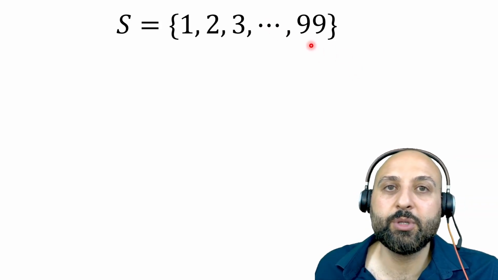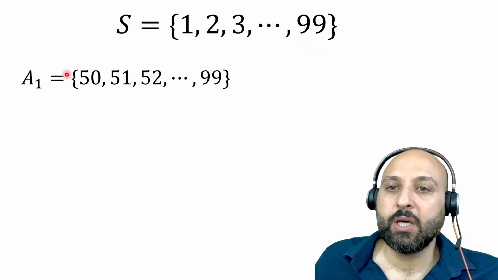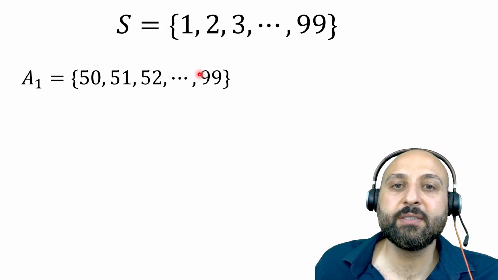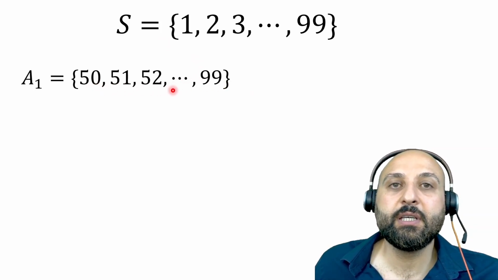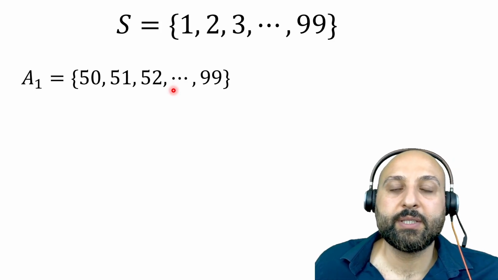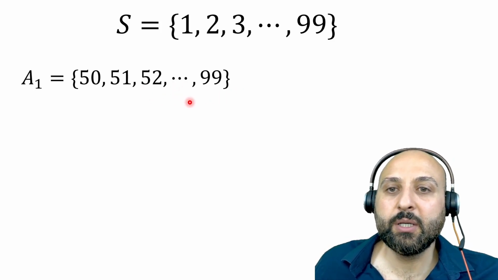So I can easily make this subset of S that has 50 elements and none of them is twice the other. But I can improve this one.